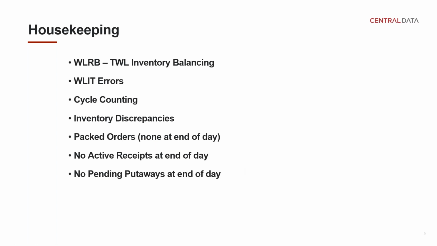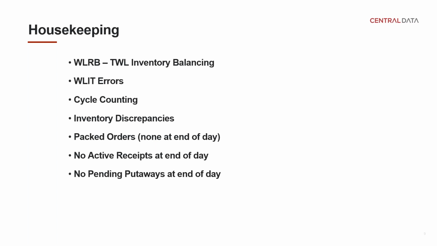The balancing report checks the inventory in TWL and the inventory in SX in comparison, to make sure they're in balance. You should be running that daily, looking at it, and dealing with any issues that might arise. I'm not going to get into some of the reasons why that might happen.